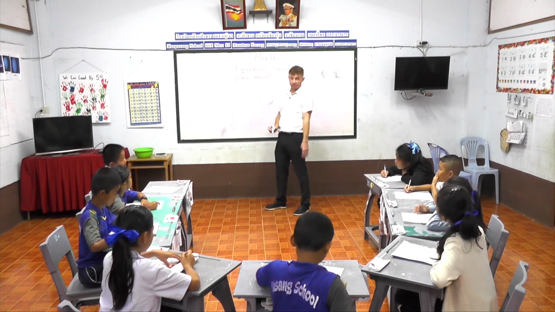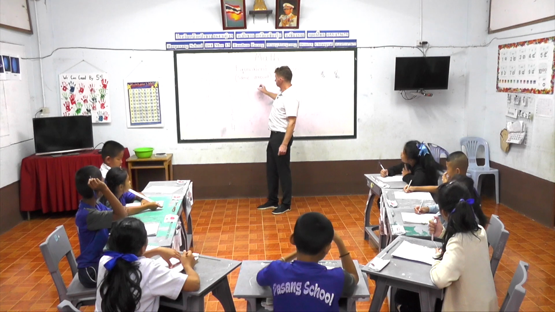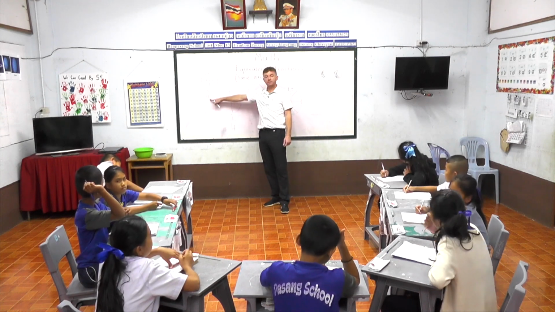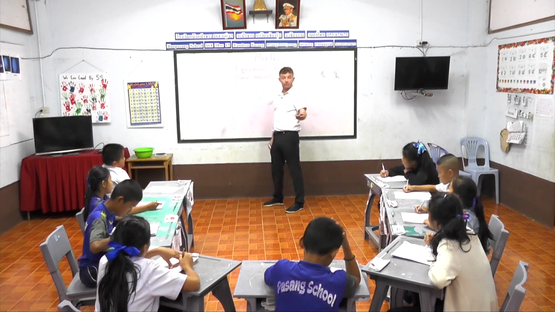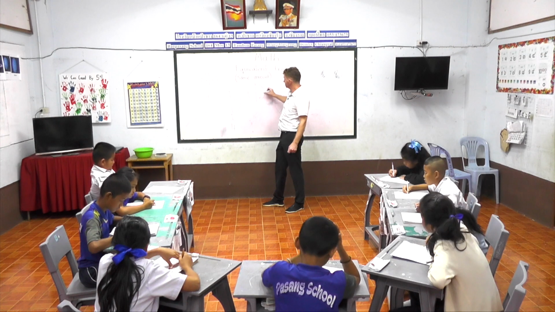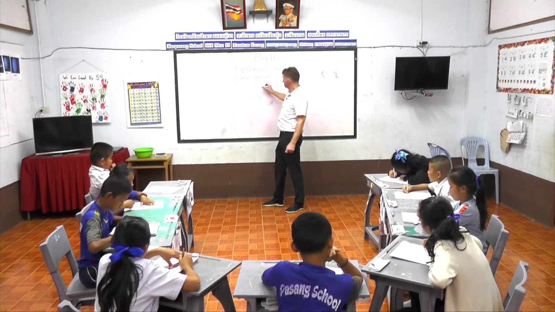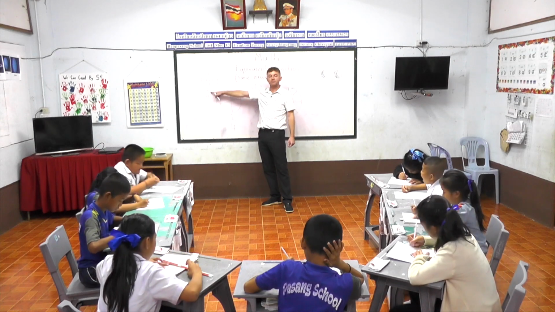So an equivalent fraction could be, we could double this number. What's 2 times 4? Equals 8. So let's do 8 parts. Okay, so now we've got 8 parts. What's 2 times 3?